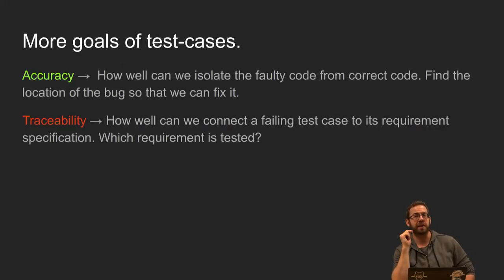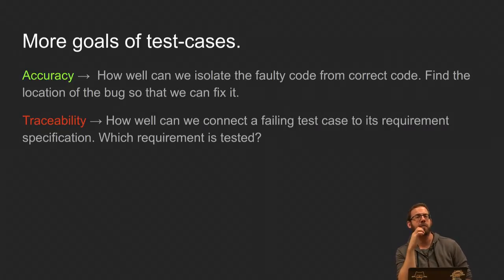We want to know that it's the add method, and preferably also the minus operator that is the bug. If we run the entire program and we just observe a -1 coming out instead of a 7, then we must debug and find our way to that error. If we have a unit test for just the add method, and that fails, then we know that the fault is in the add method. So that is the accuracy. We can point directly to the fault.